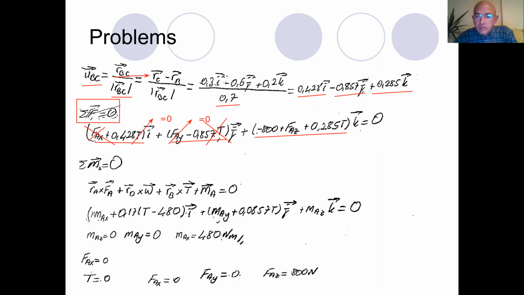Now let's continue and look at the z component. Remember that tension is 0, so this term vanishes. From here I can easily say that Faz has to be equal to 800, because the expression inside the parentheses has to be 0.